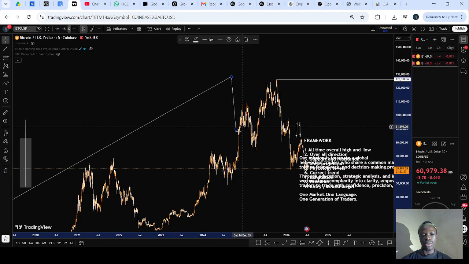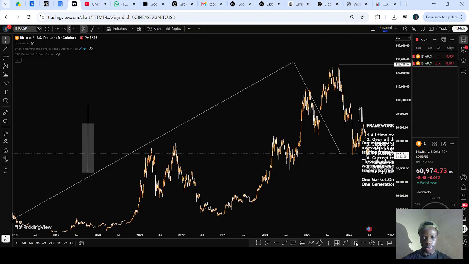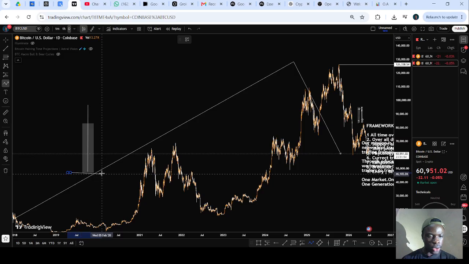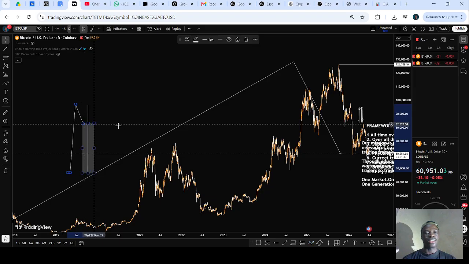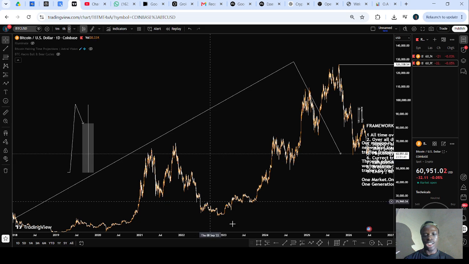So in this interpretation, we'll say price opened at this point, at this low, and made its way up to this point, then is now retracing, meaning that we have been on a very strong bullish move on BTC so far.